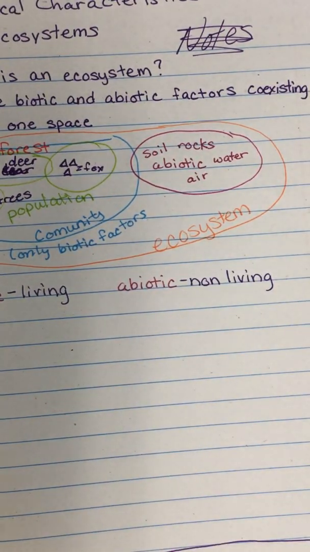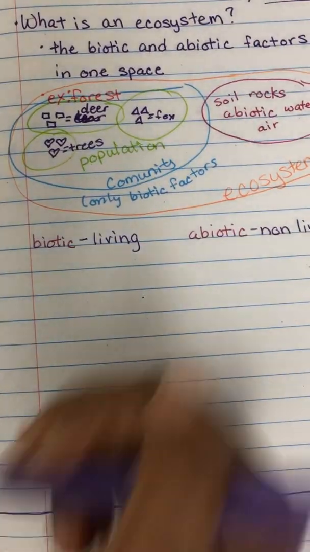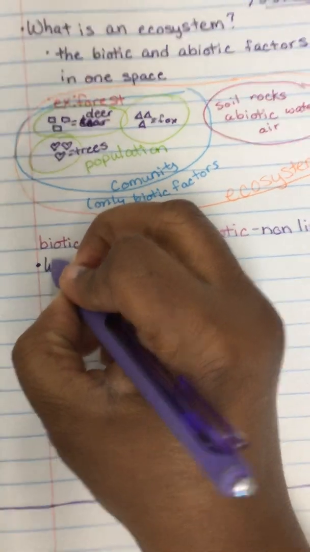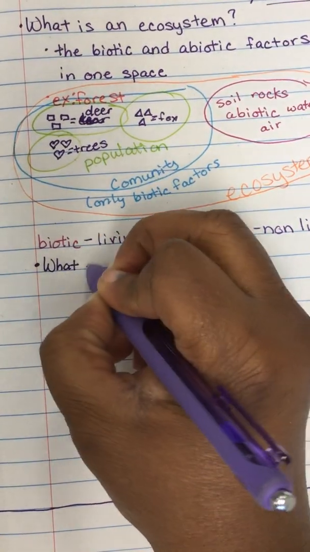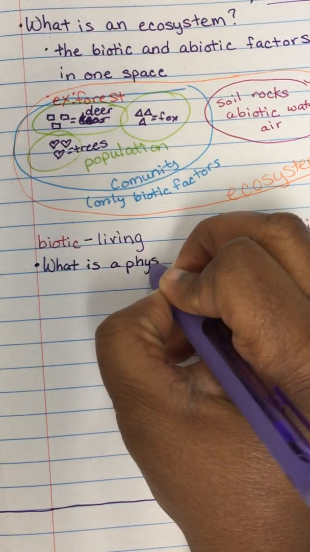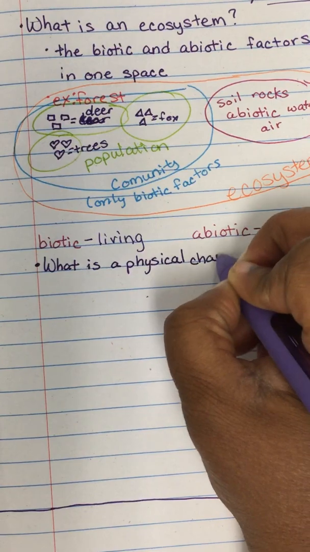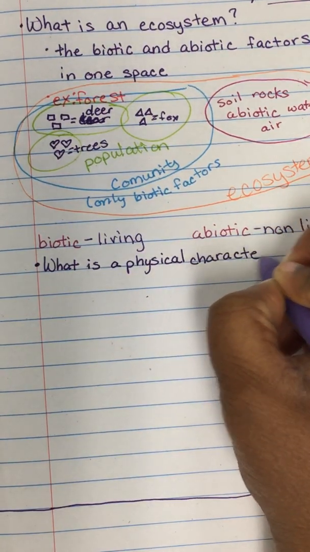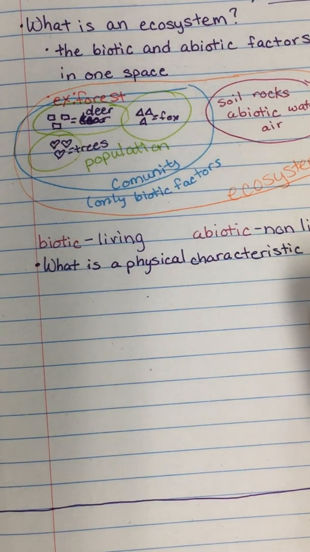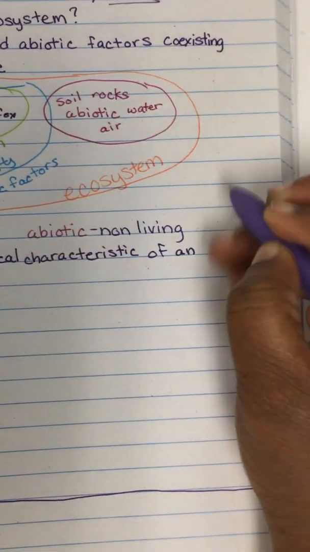Let's go on ahead and answer another question. What is a physical characteristic of an ecosystem? Go ahead and scoot the page over as you can see.